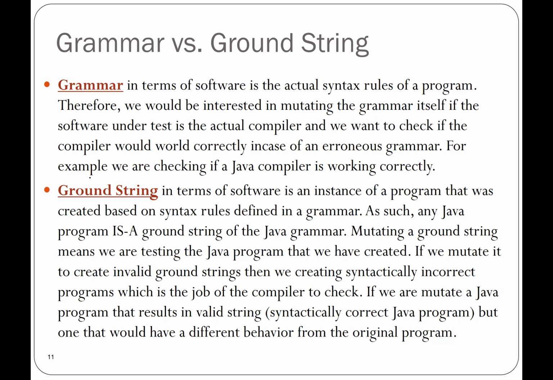It could be a ground string that is syntactically correct, but has a different behavior. And I would actually see the different behavior as a bug. And I'm happy to see this bug because it is showing a different result than the proper code. Okay. And then finally, the third situation, rather unlikely, but it could happen, that I could actually change the code, but then result in a new code that is doing the exact same thing that the old code was doing, which means that didn't really help me much.